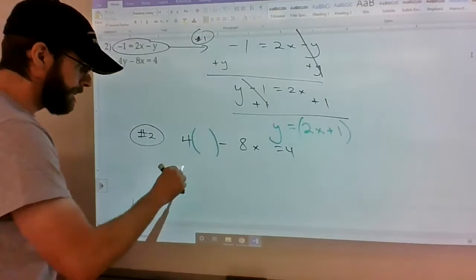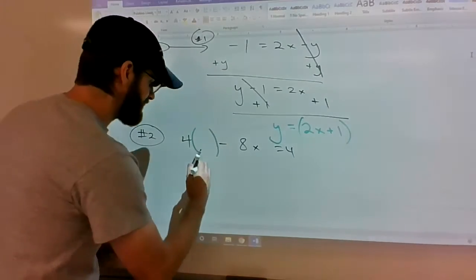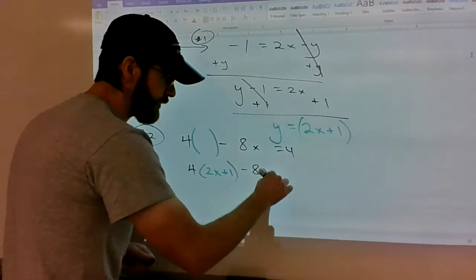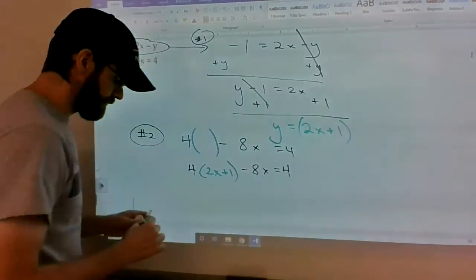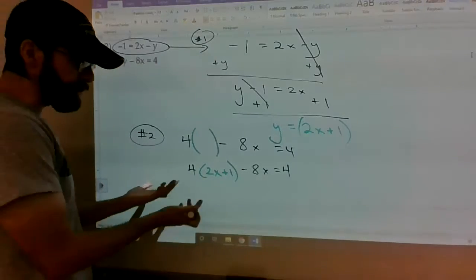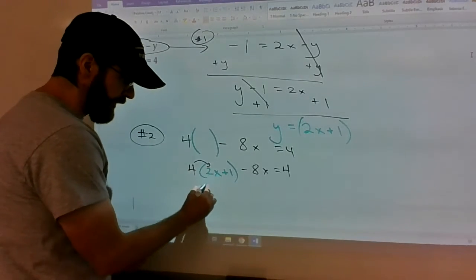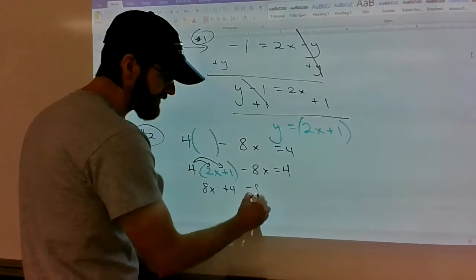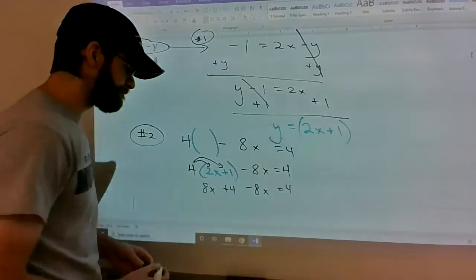So it's going to be 4 times (2x plus 1) minus 8x equals 4. Now using the distributive property, 4 times 2x is 8x. 4 times 1 is positive 4. Minus 8x equals 4.